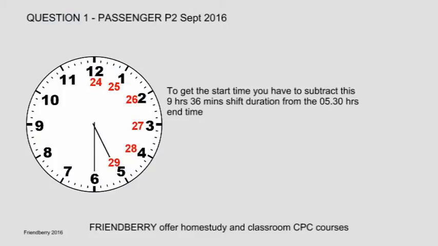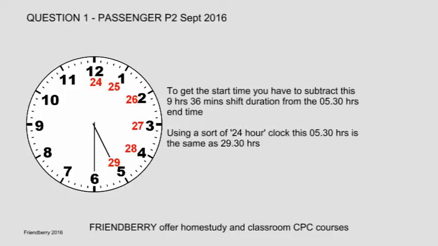To get the start time, you have to subtract this 9 hours and 36 minutes shift duration from the 05:30 hours end time. Using a sort of 24-hour clock, this 05:30 hours is the same as 29:30 hours. 29:30 minus 9 hours 36 minutes gives a start time of 19:54 hours.